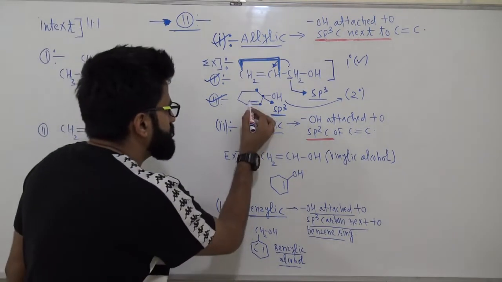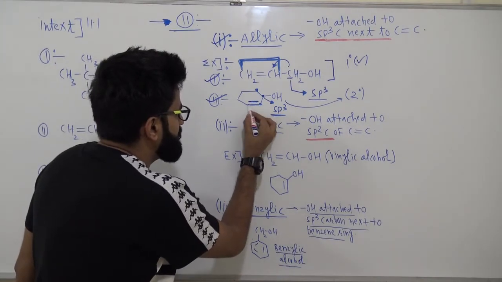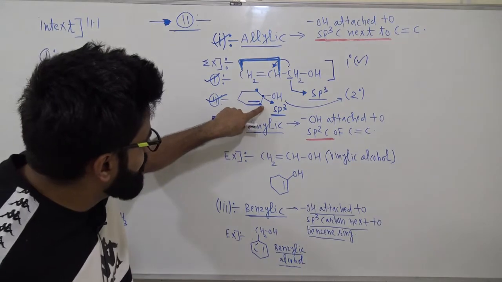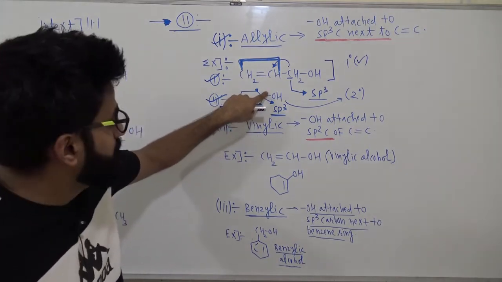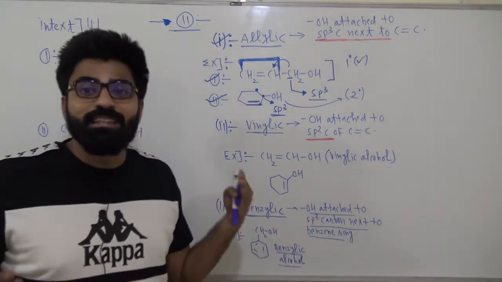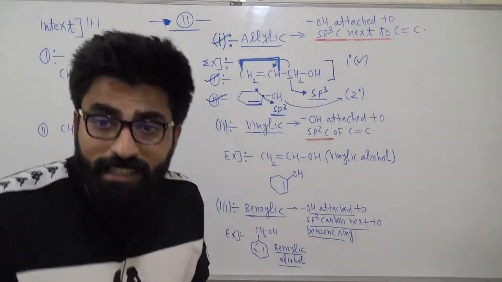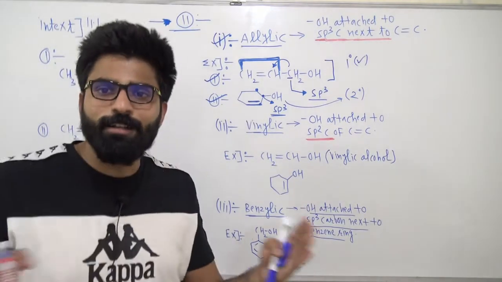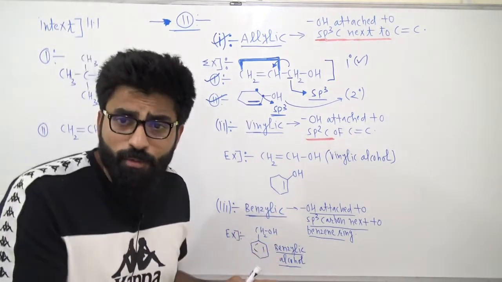If you check the position, this sp3 carbon is next to C double bond C. This is C double bond C carbon, and the next carbon is sp3 carbon, and to that sp3 carbon OH is attached. It means I can say that this is allylic alcohol. Understood? I hope this point is clear to everyone.